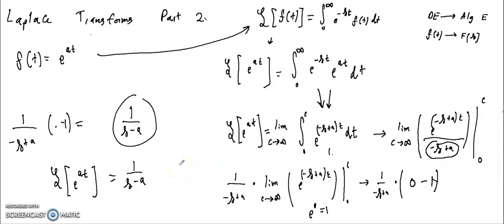How does this help? We're going to do some examples, but in order to do examples, you need to know how to do Laplace transforms and inverse Laplace transforms. So just bear with me as we journey our way through this, and it will make sense soon enough.